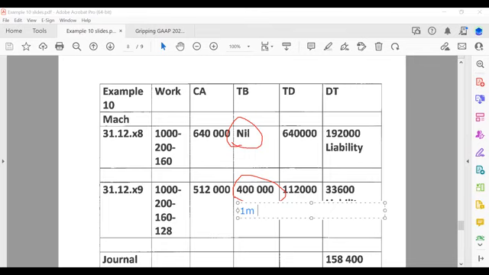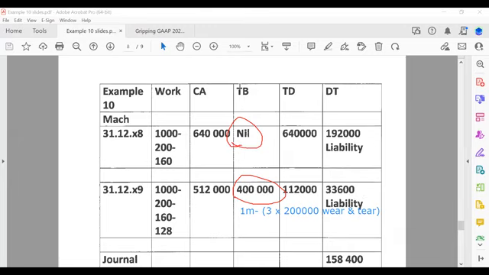And if we subtract 3 years of 200,000 worth of wear and tear, that is the tax base of 400,000 that we now have. That is how we arrive at our tax base. That would give us a lower temporary difference and a much lower deferred tax liability now of 33,600.